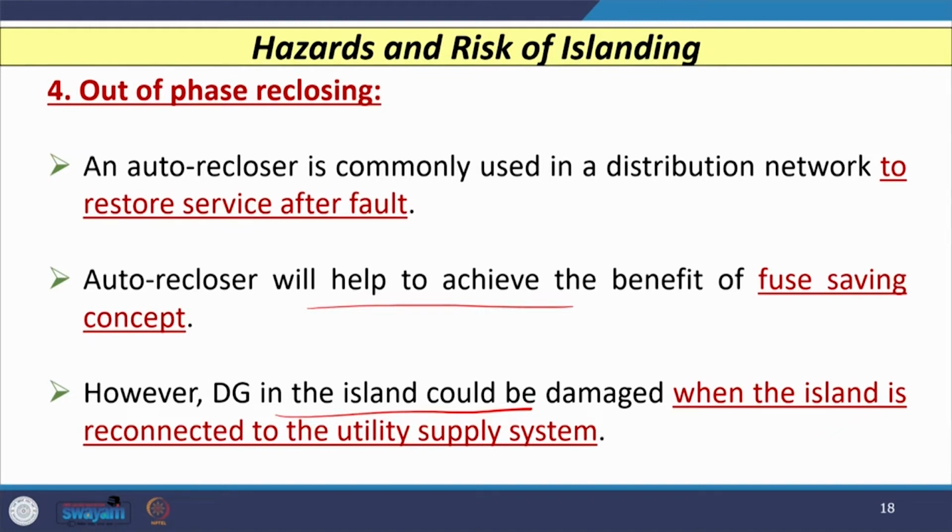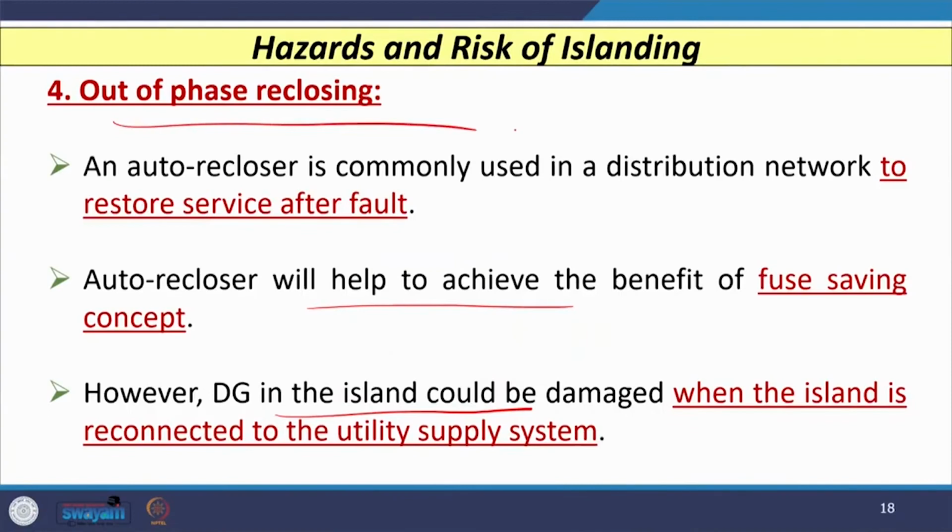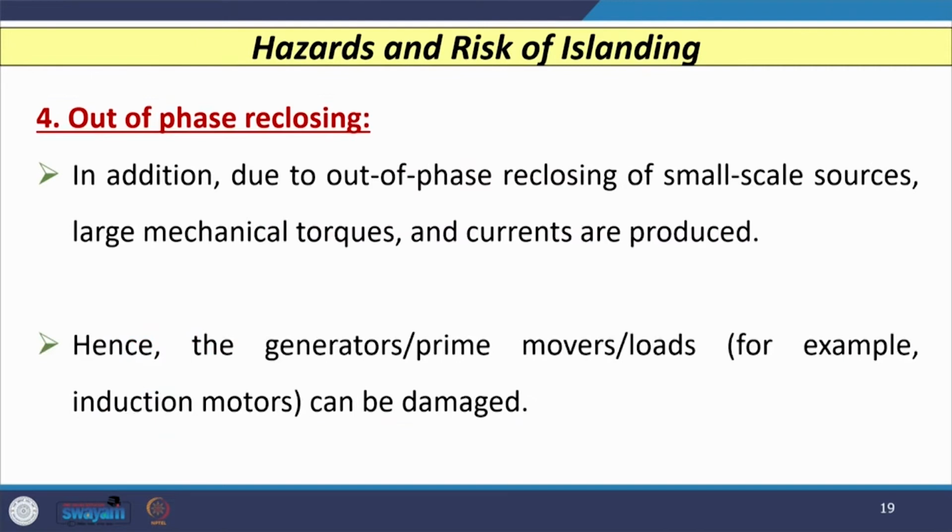Now, the question is, whenever an island is formed and you want to use the reclosing concept. We know that an island is formed and we want to reclose the circuit from the islanded network back to the grid, then because of this out of phase reclosing phenomenon, your system may be damaged. Let us see how.